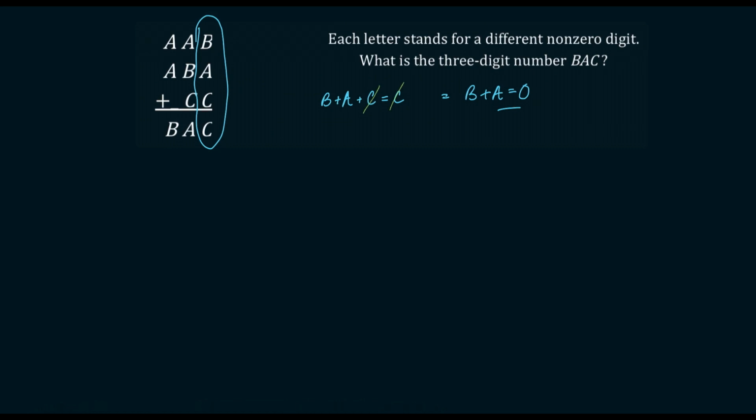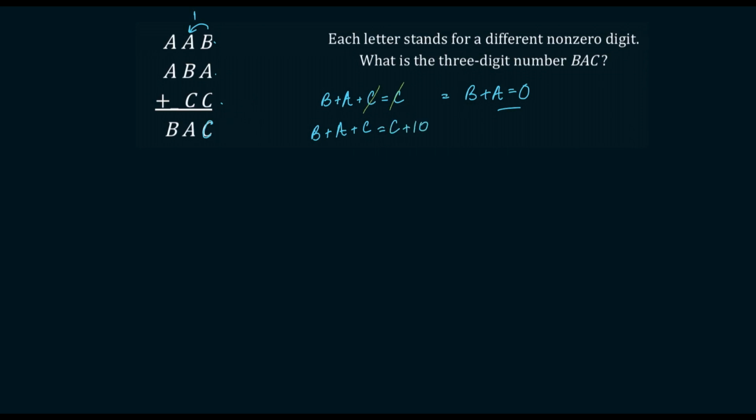if once we added B, A, and C, we put down a C as the units digit and then carried a 1 over to the tens column. And of course this carrying 1 over is the same thing as an extra 10. So writing this as an equation, we would get B plus A plus C is equal to C plus 10.